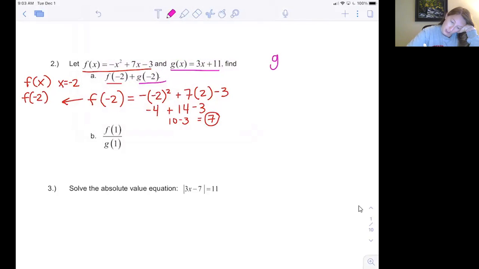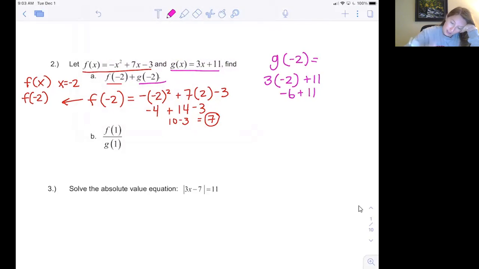Now I'm going to find g of negative 2. Remember, this g tells me I'm dealing with my g function, and then I'm just replacing my x's with negative 2. And remember, if you get stuck on the arithmetic, I would just put it in your calculator.